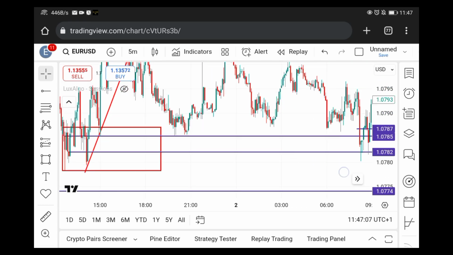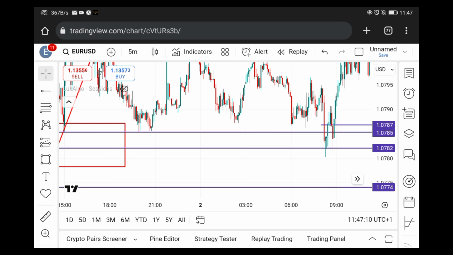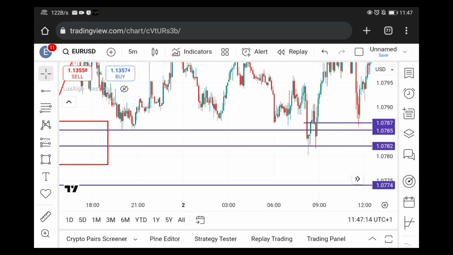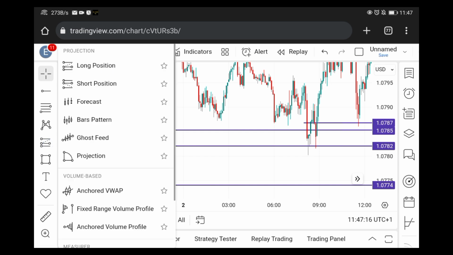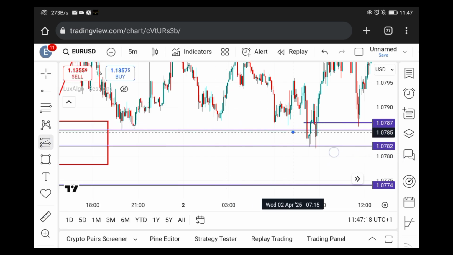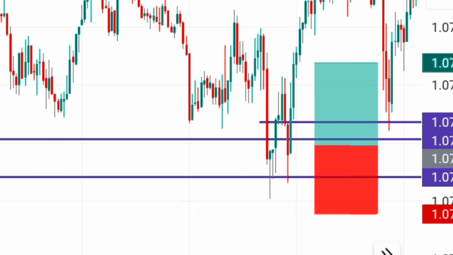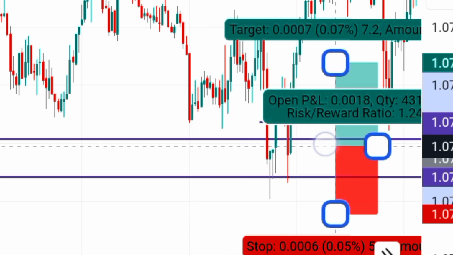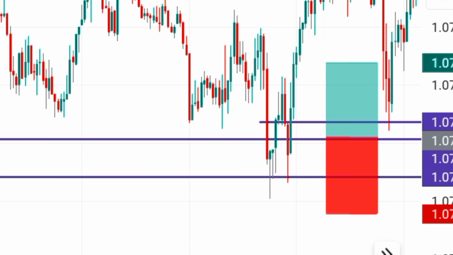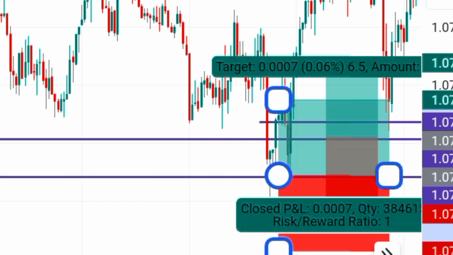So you are expecting the market to come into the line, which the market has come into the line right there. So you take your first trade, you long around that point, and your second trade, you long around those points.